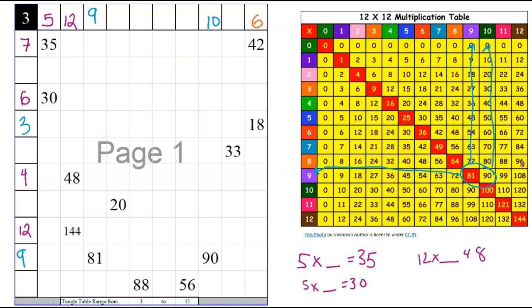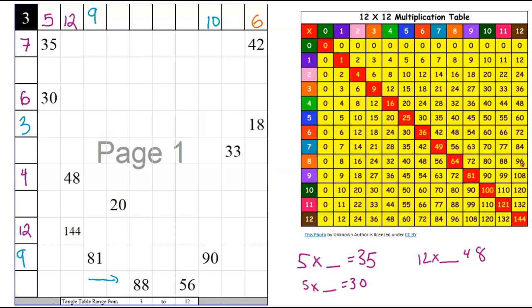Okay, so the next thing I have to look at is another row. So I see that 88 and 56 are in the same row. So again, I'm going to erase my drawings. Take a look at your multiplication chart and notice what is in common between 88 and 56.